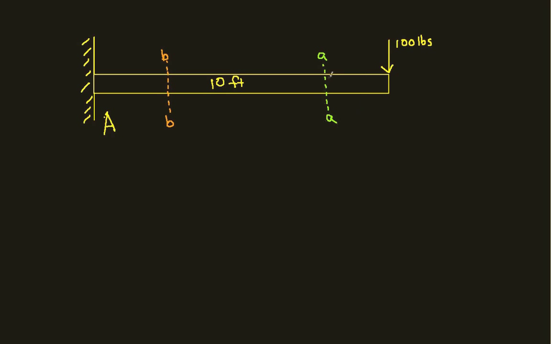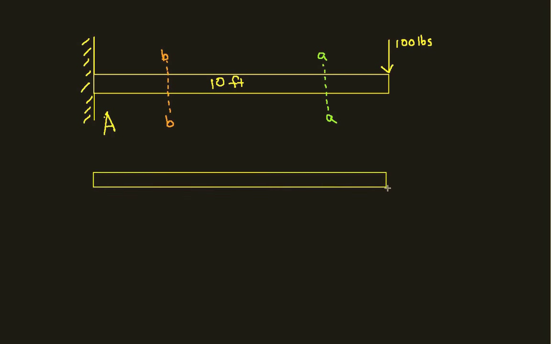But in order to do that, we need to know the reaction forces and the couple at A. So the first thing we'll do is a free body diagram of the entire beam. And with this free body diagram, then we will find the reaction forces.